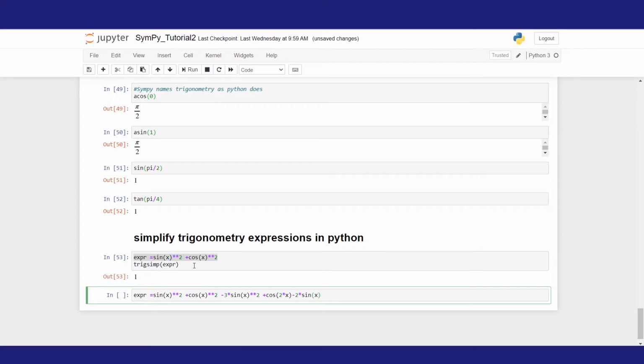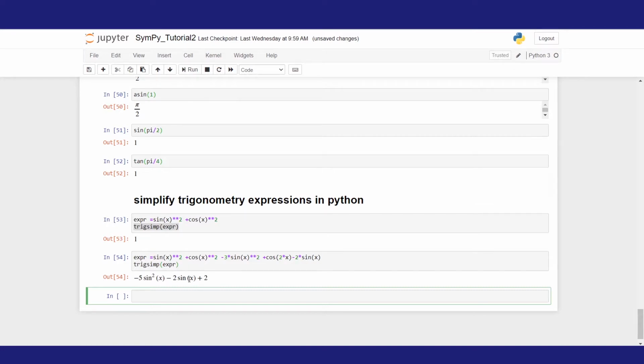Let's see what this would give us. I just copy that and paste it here, simplify that expression. This would give us minus 5 sine squared x minus 2 sine x plus 2.